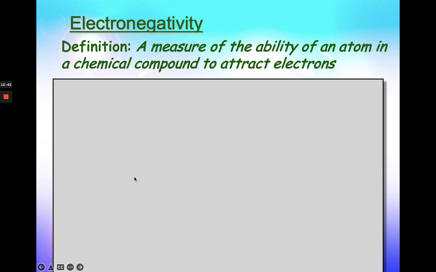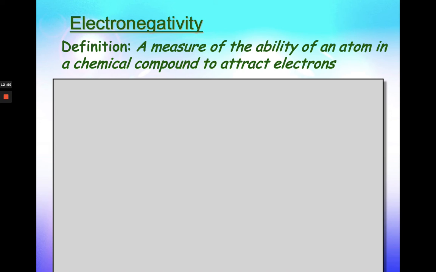All right, electronegativity. This is the third trend. It's a measure of the ability of an atom in a chemical compound to attract electrons. So it's kind of like ionization energy, but it's kind of not. It is saying, how easy is it for me to attract something negative?